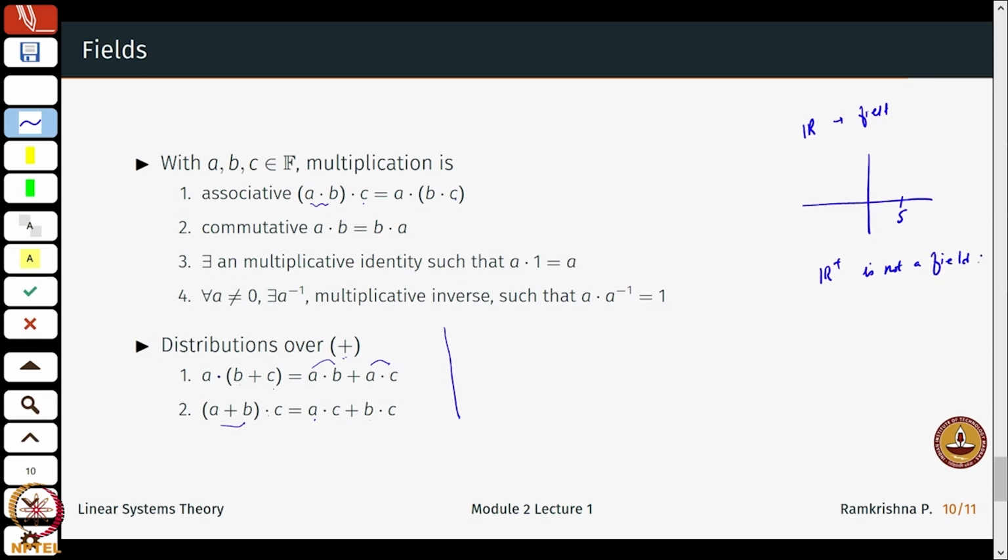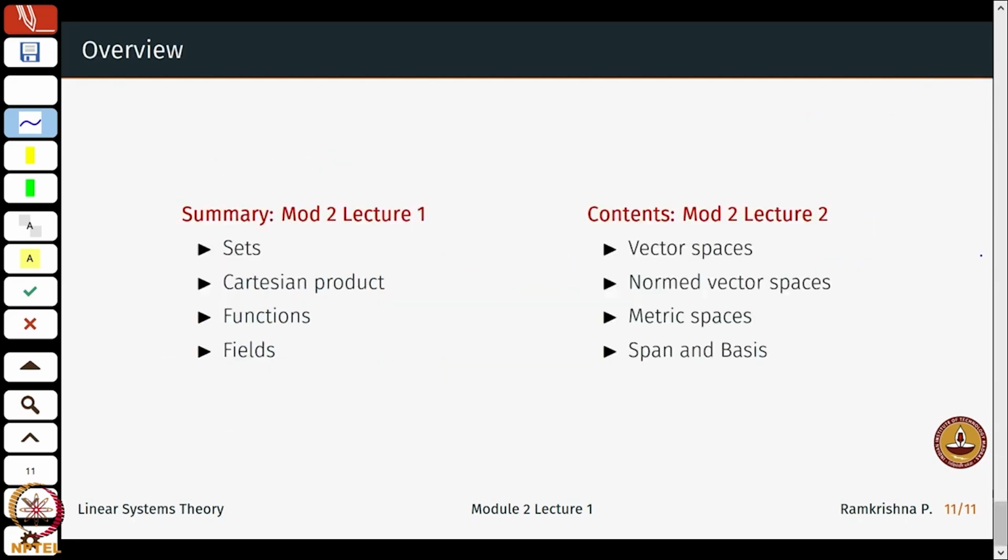This is just a brief prelude to the things we will start in linear algebra in the next course. We will shortly look at vector spaces, matrix spaces, and then come to span and basis for a vector space.